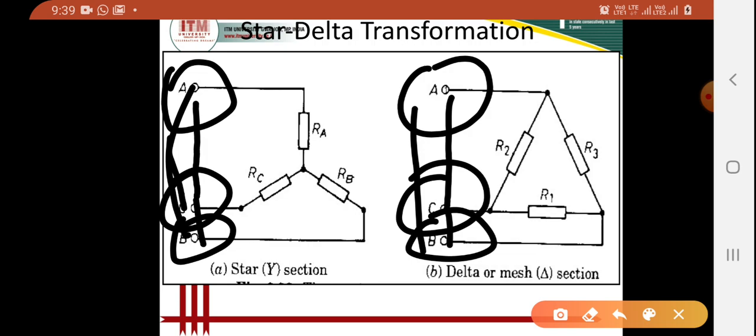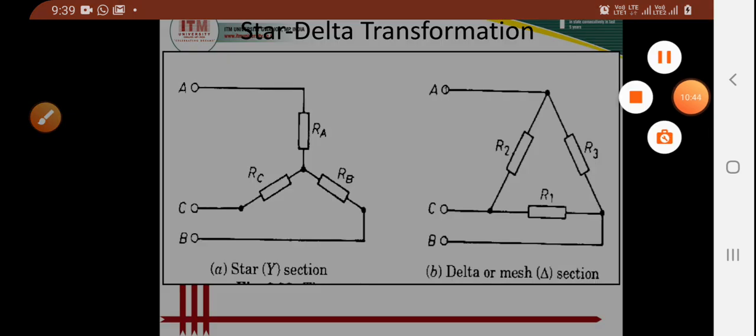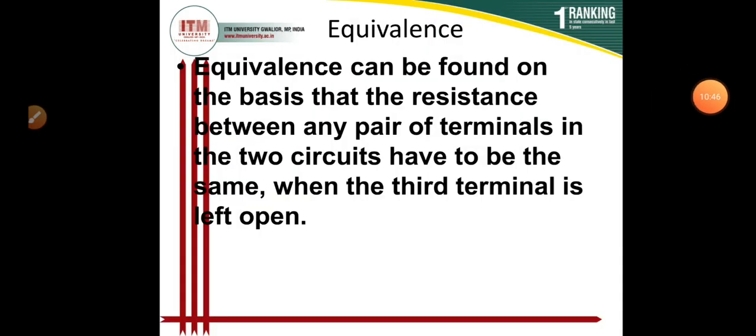Now if I come to this slide, we are talking about the equivalence. I already told you about the equivalence measurement: when we follow the transformation process, we are talking about three resistances or impedances which are connected, and their equivalent is measured between the terminals.